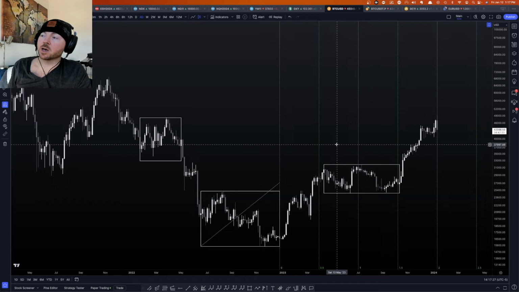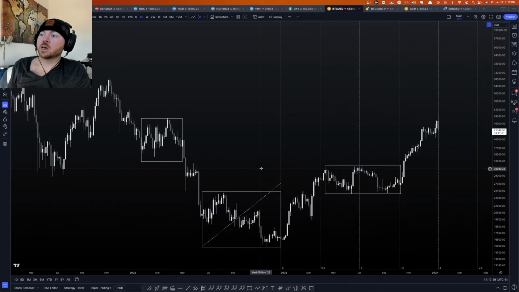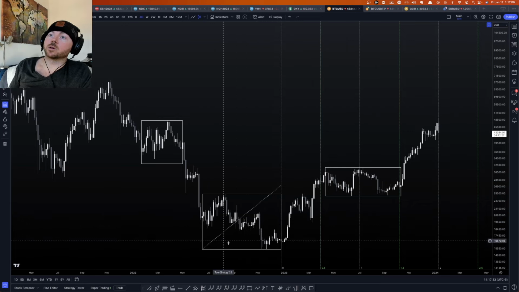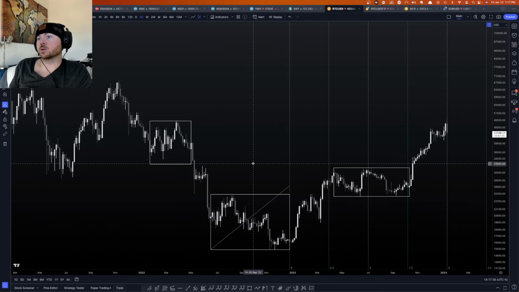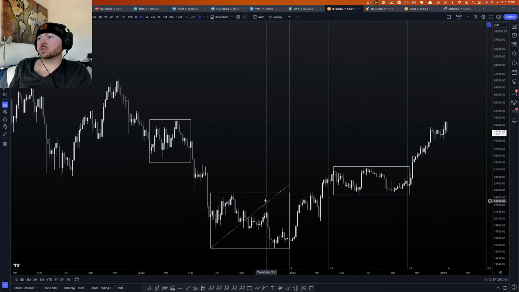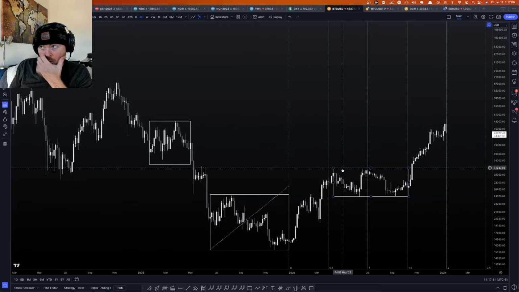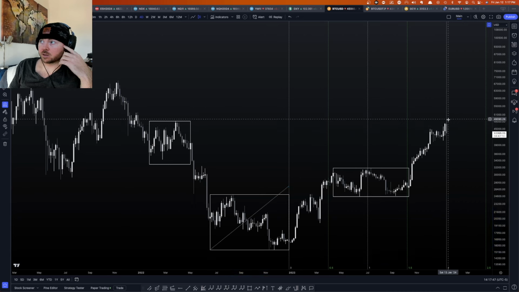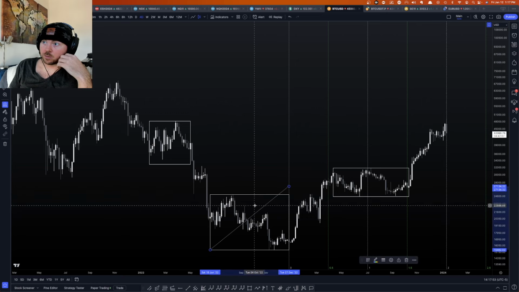This isn't something that has to be perfect, because it's certainly subjective in how you want to think of an accumulation range. This is a little more subjective looking than this, I totally get that, but whatever. The first move up kind of went to the 0.5. Now we're at the 2, and this last high that we made, at least locally coming down, was right on the 2 of this accumulation range.